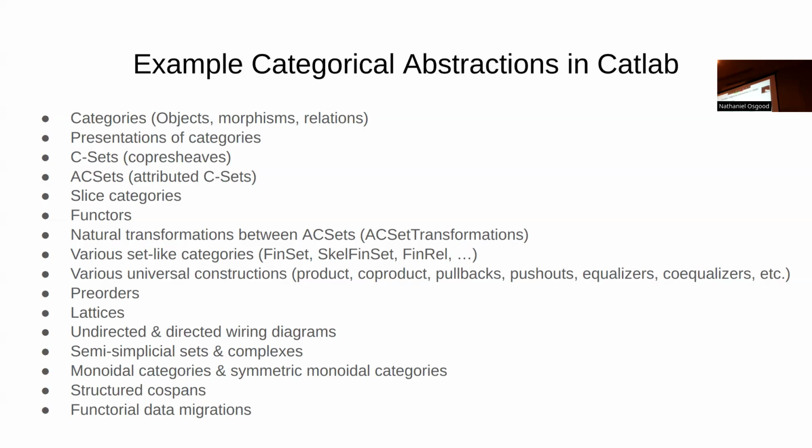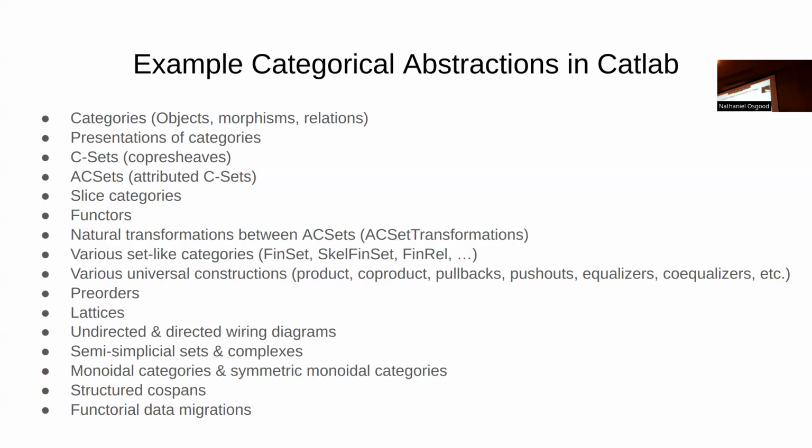I'm not going to list them all, but they include more fundamental things in category theory, like categories themselves, functors, and types of categories like preorders and lattices, which have meets and joins, etc. And a variety of set-like categories like FinSet and skeleton of FinSet. Some of these will be names that mean something to some of you here, and some less so, probably.